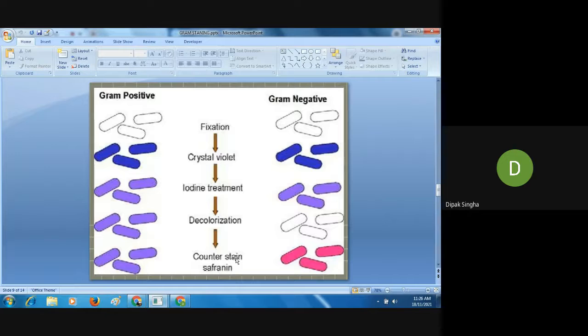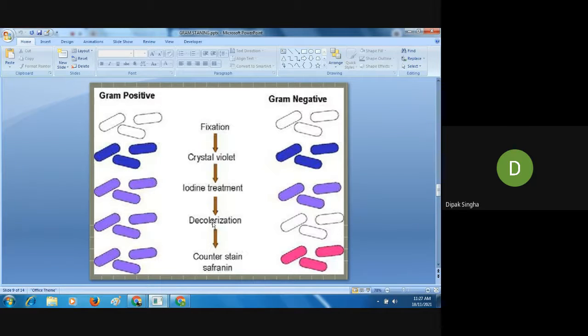Then use the counterstain, safranin. If it is gram positive, it is violet in color. If it is gram negative, it is red in color. Using only crystal violet at the start, it is very difficult to tell gram positive and gram negative.